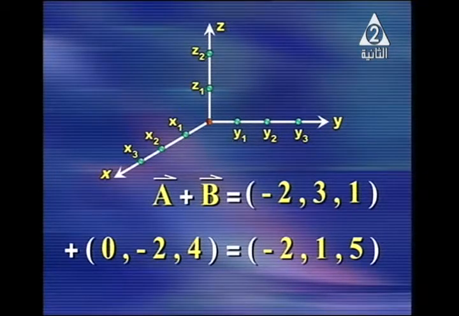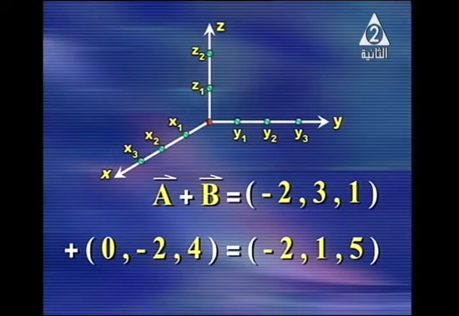Second vector: 0, -2, 4. We add the first component of A with the first component of B: -2 plus 0 equals -2. Second component: 3 plus -2 equals 1.